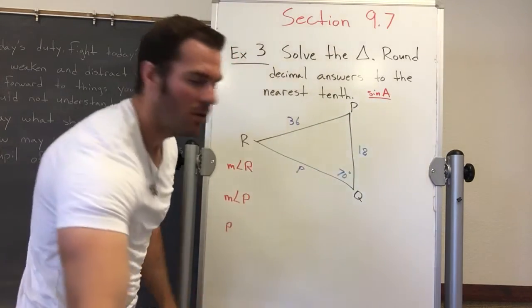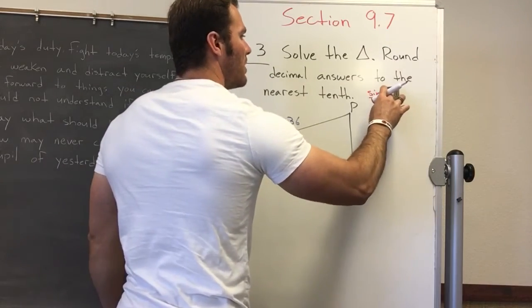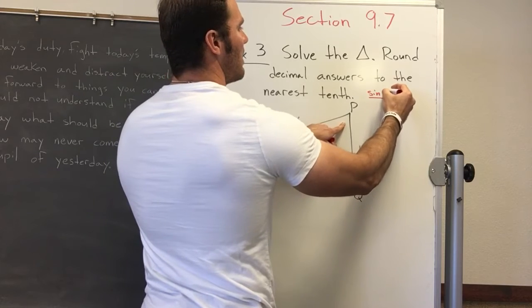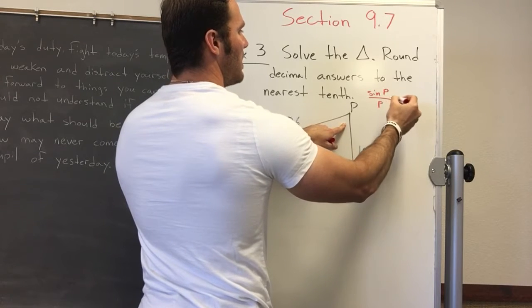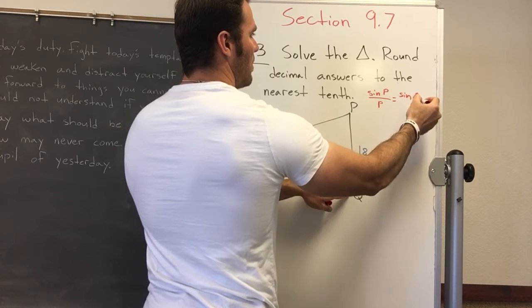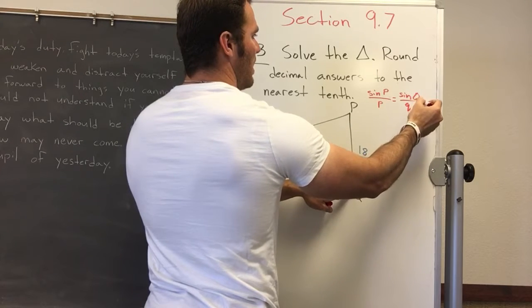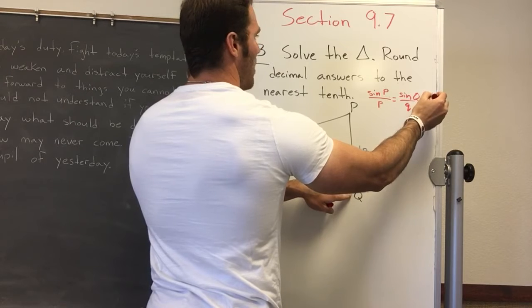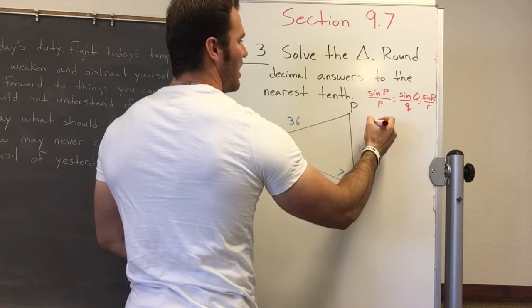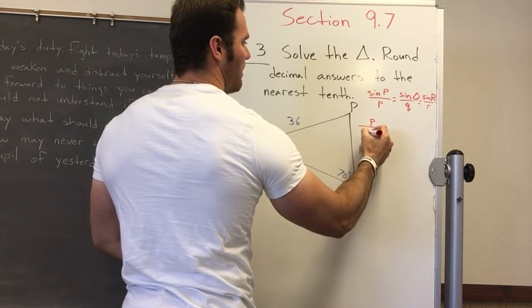Let me use the letters that we have. So it's sine P over lowercase p equals sine Q over lowercase q, equals sine R over lowercase r, and you can switch those as well.